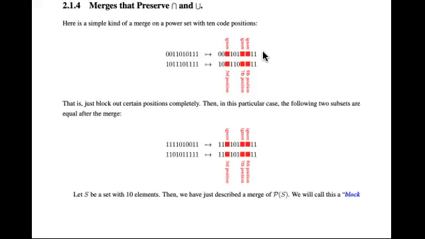So the codomain of this merge is simply strings that have red blocks in certain positions, and everything else will look the exact same as its pre-image where it came from.